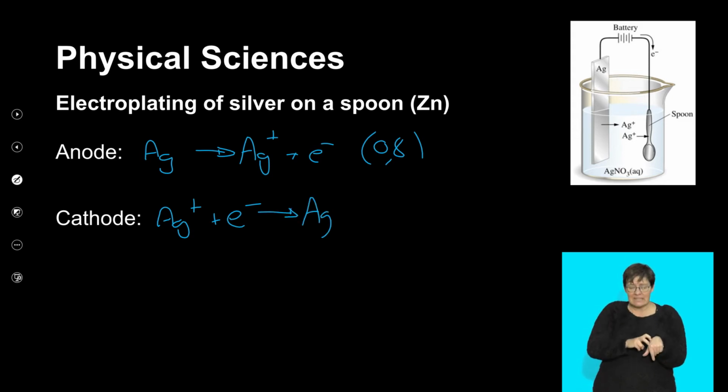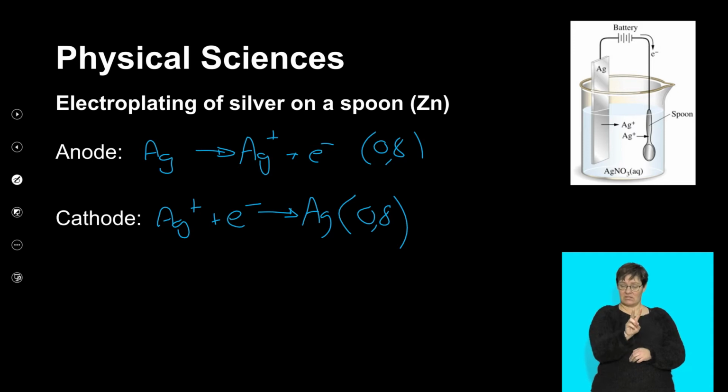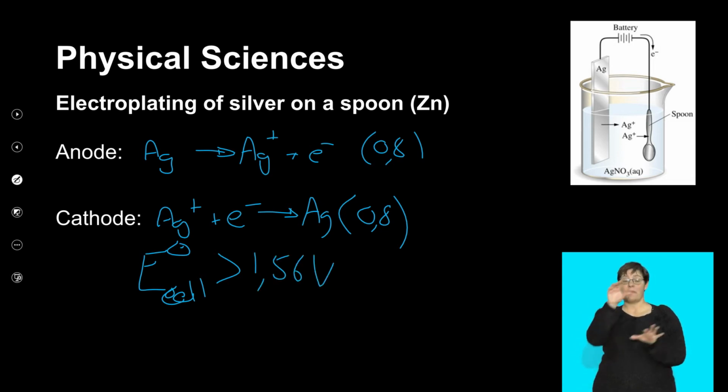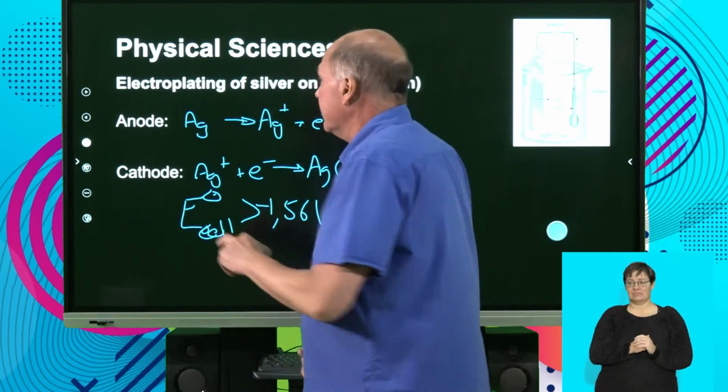But you've got to have a potential difference to undo that direct reaction. And so the E0 of the cell would have to be greater than 1.56 volts. And remember, when we'd measure it, it would be negative because it's not spontaneous. We've got to oppose the galvanic reaction. So that's the important thing there.